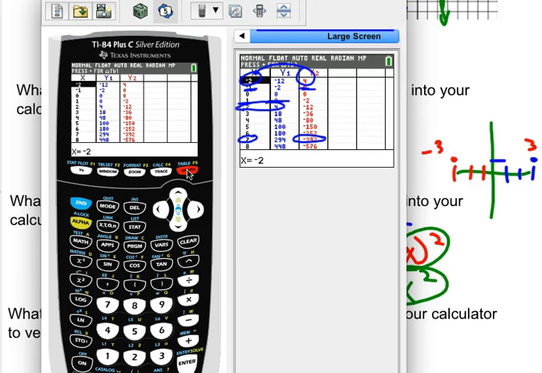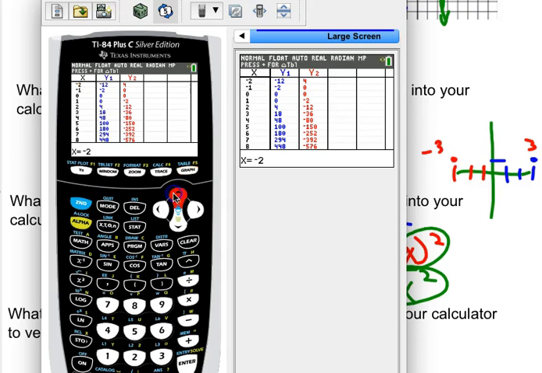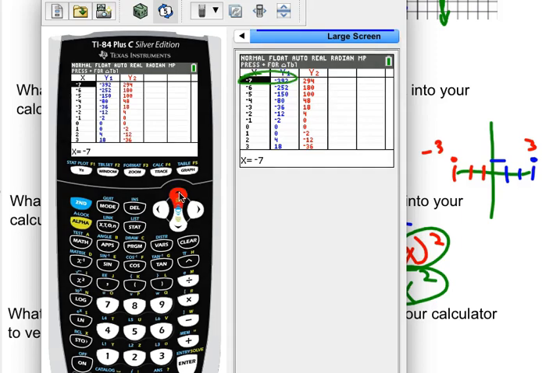That means on the first one, when I plug in -7, I should get -392. Let's check it. Go to -7. Look at that. Here I plugged in -7. I got -392. That's what I wanted. When you plug in opposite x's, you want to get the same y's. That means you reflected it successfully in the y-axis.